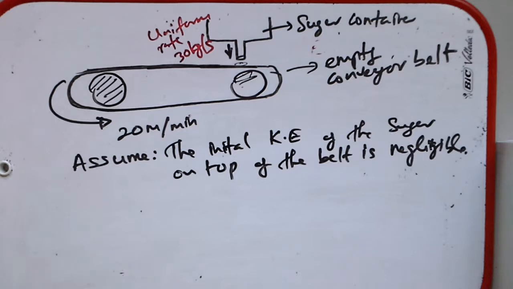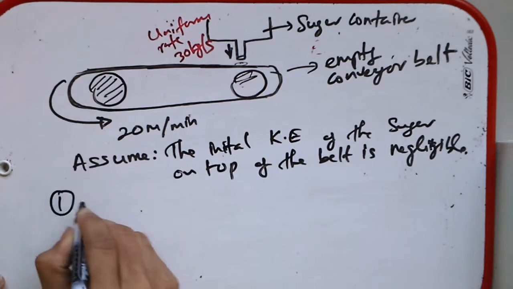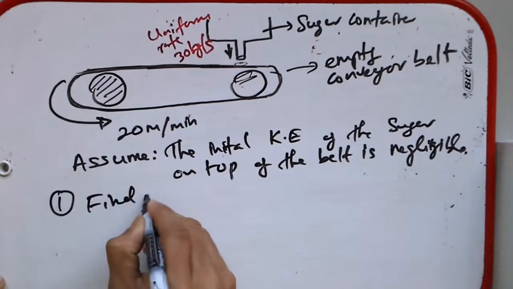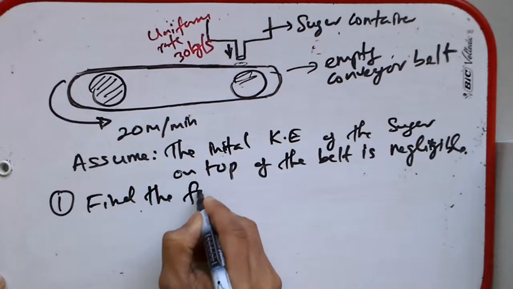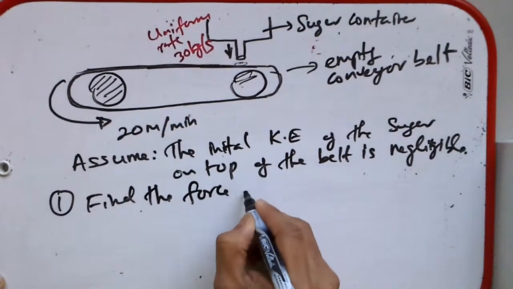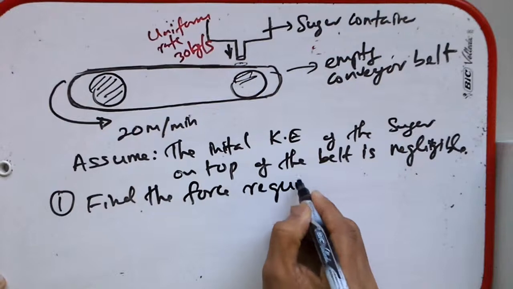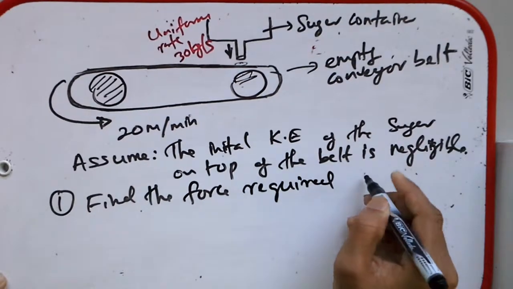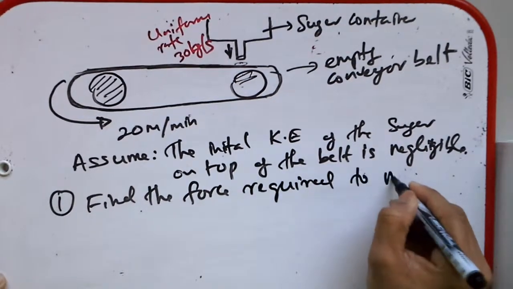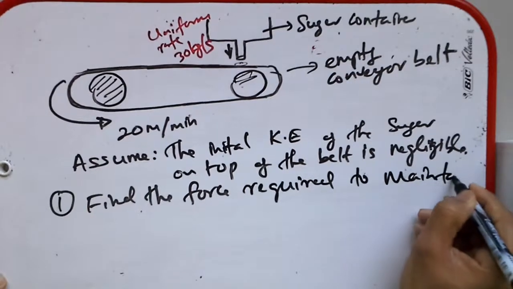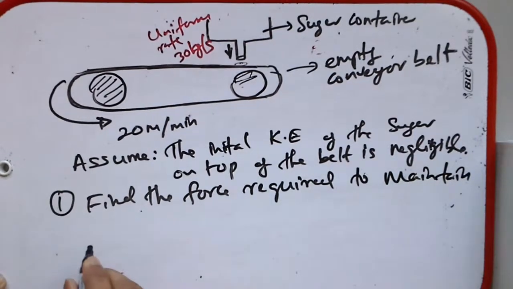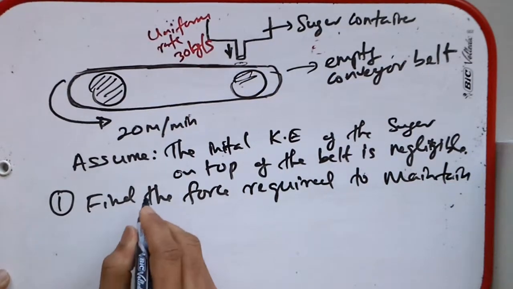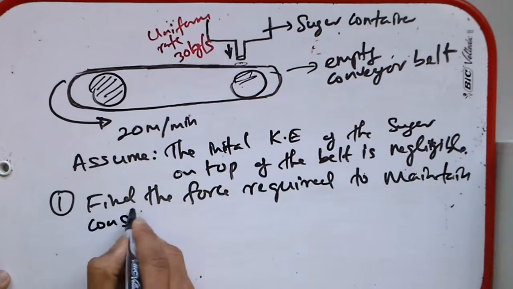The question is, find the force required to maintain constant velocity.